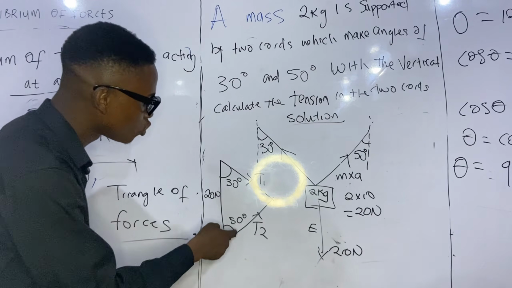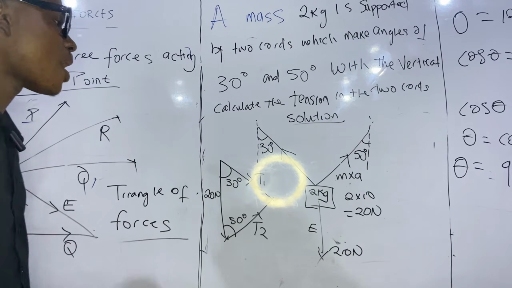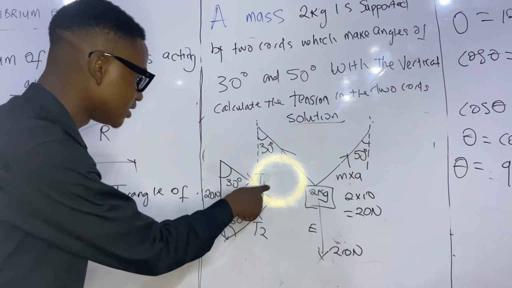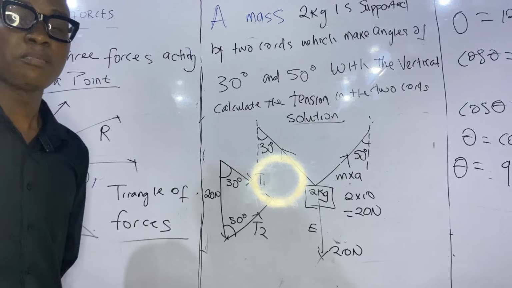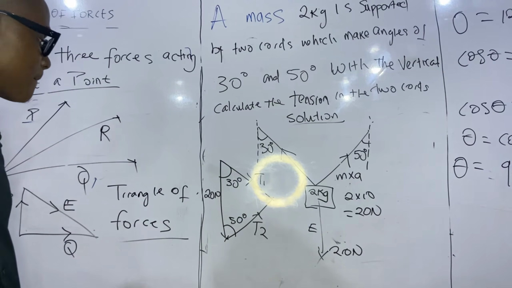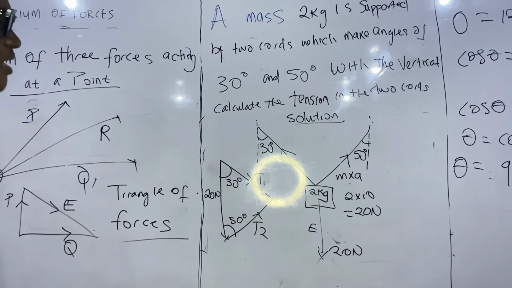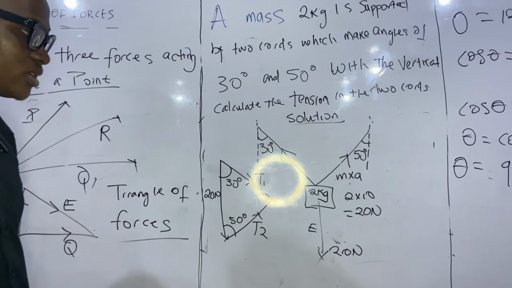So now, how can we go about this? We can go about looking for the tension in these two chords by using the sine rule. It's pretty simple.